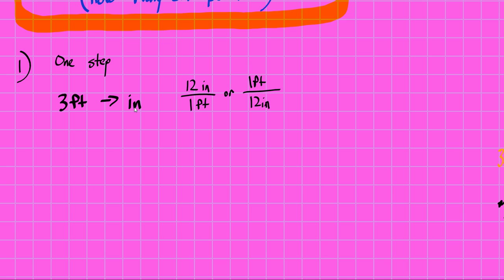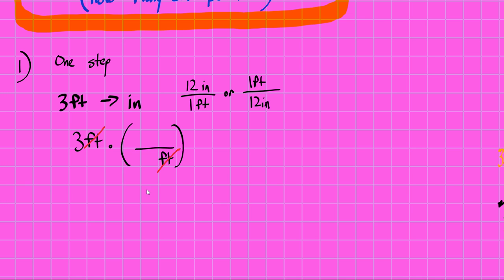So if I take 3 feet and I want to go to inches, what I'm going to do is write out my first quantity that I know with the unit, and I'm going to multiply by a fraction. That fraction has the same worth on the top and the bottom. I'm going to set it up so that if I have feet here, I'll want to cancel out the feet. The whole plan is that I should be able to do that.